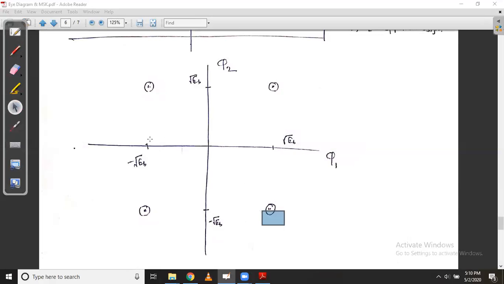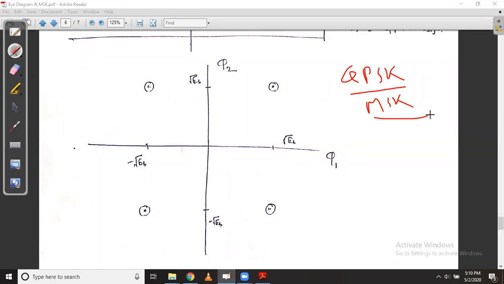This constellation diagram looks like the constellation diagram of QPSK. Try to remember QPSK. The QPSK constellation diagram is the same as the constellation diagram of MSK. That means the bit error rate, the probability of error, the symbol energy, all the things are equal for this one and for this one.